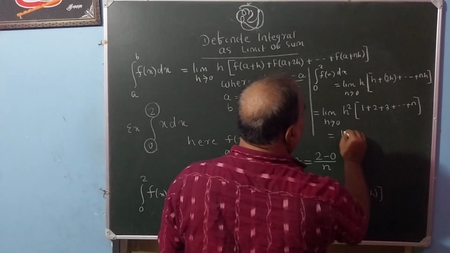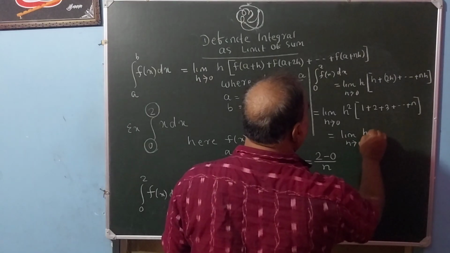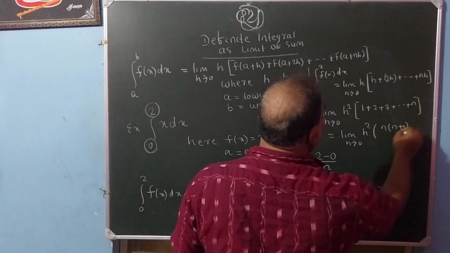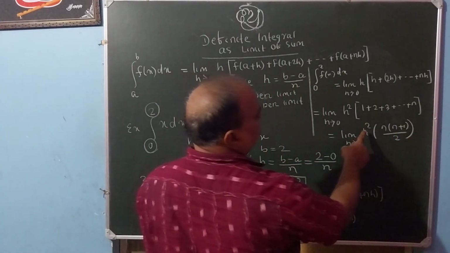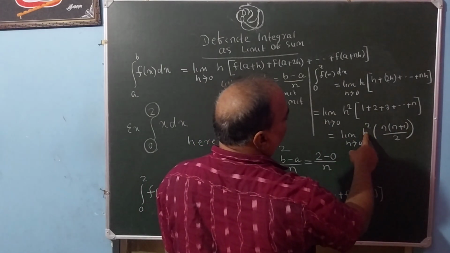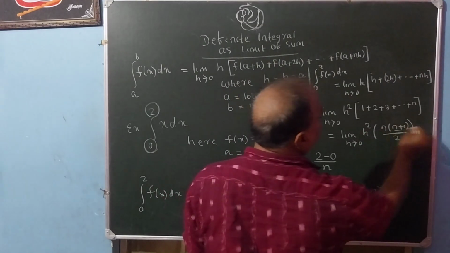Write down. Limit h tends to 0, here it is h square, n into (n plus 1) by 2. Okay, so here it is h square. Then we have to multiply h with n, another h multiplied with this.